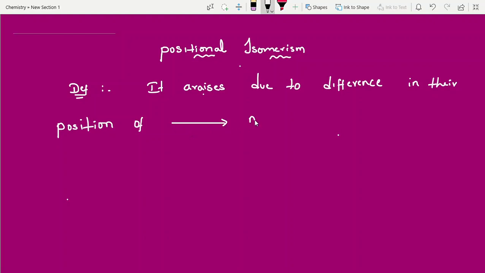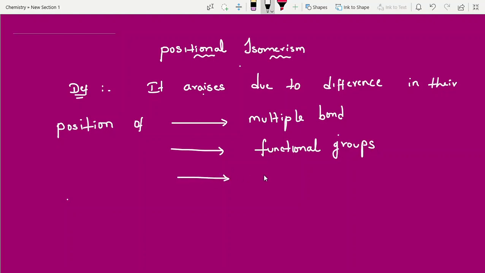Position of multiple bonds means either double bond or triple bond. Next one is functional group. And the third one is substituents. Everybody make a note of this. Definitely you will feel it is very easy while solving the questions.